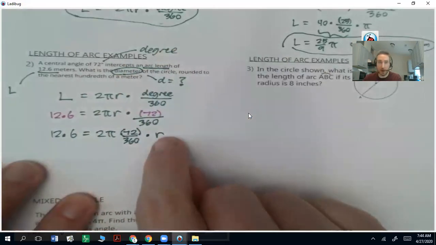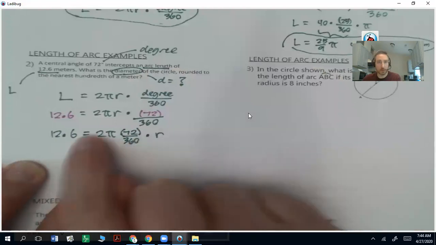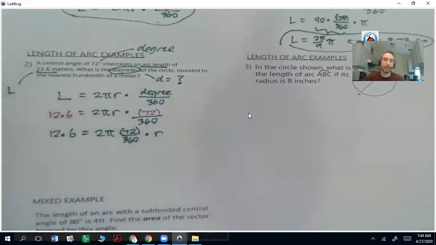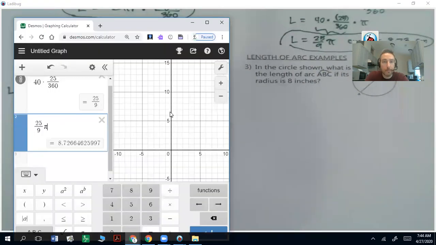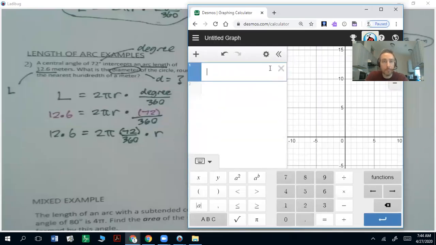If I have that r there, just leave it alone. I can put 2 times pi times 72 divided by 360 and figure out that one. That's what I'm going to do: 2 pi, parentheses 72 close parentheses, divided by 360.